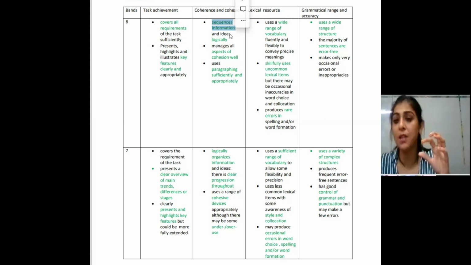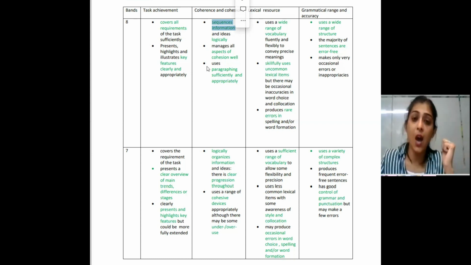And then fish can be written in the other paragraph by adding a linker of contrast. So you need to plan and sequence the information logically. It should not be that you handle the data the way it is presented in your writing task 1. No, you need to do planning and think about which data you can sequence together or group together.